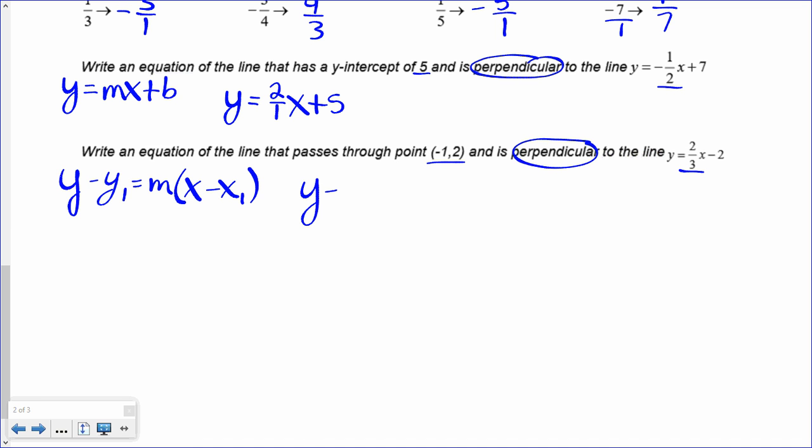Y minus 2 equals, what would my perpendicular slope be? Negative 3 over 2, times x plus 1. Okay? Is everybody good? Cool.